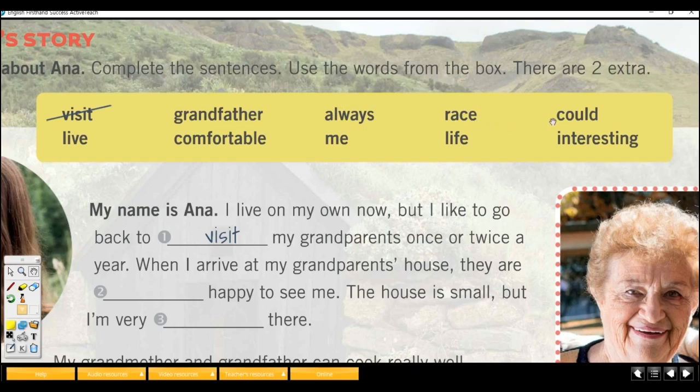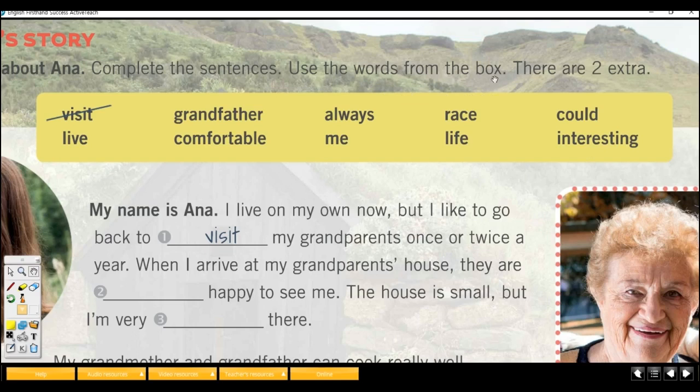And then could, that one is can, 과거형, and live, 살다, comfortable, 편하다, when you feel very relaxed and happy somewhere. me, 나, life, 생명, and interesting, 관심 있는 것, something that is fun or exciting for you.